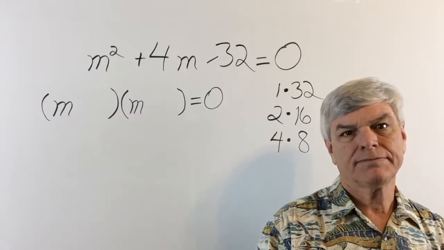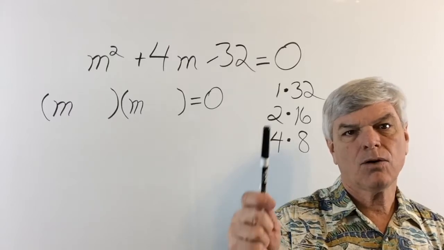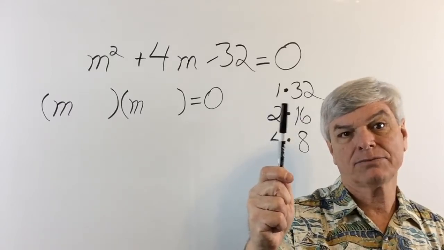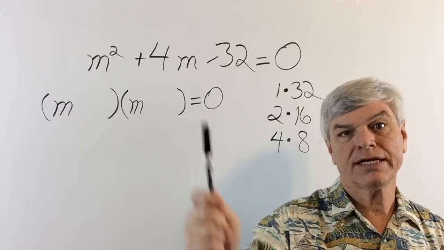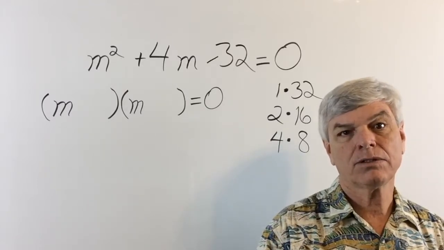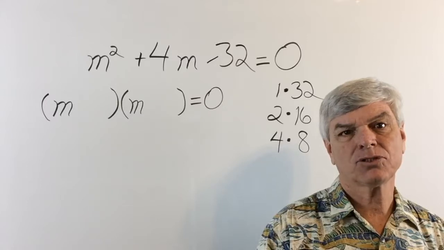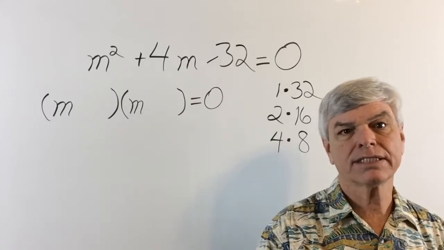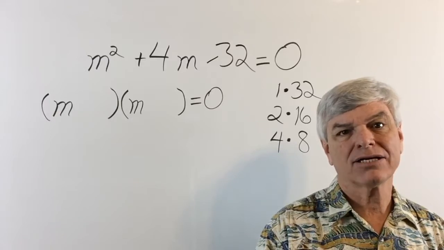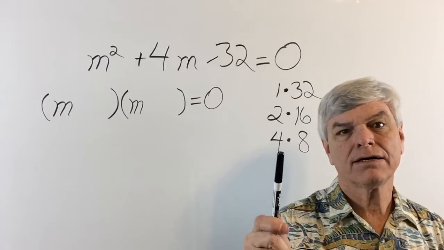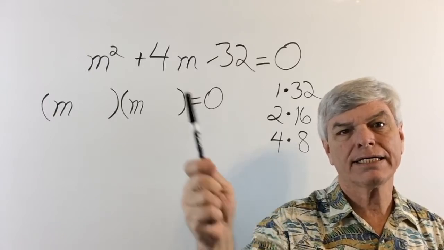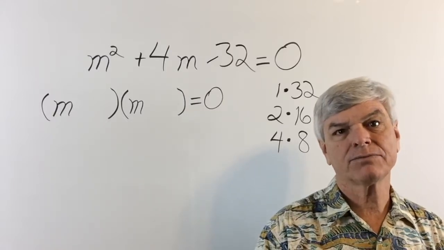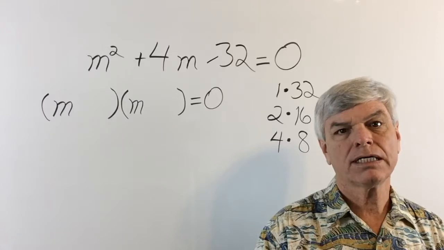So let's see. Can I add or subtract 1 and 32 to get 4? I don't think so. Can I add or subtract 2 and 16 to get 4? I don't think so. Can I add or subtract 4 and 8 to get 4? Well, yeah. I can't add them, but if I subtract them, I'm going to get 4.